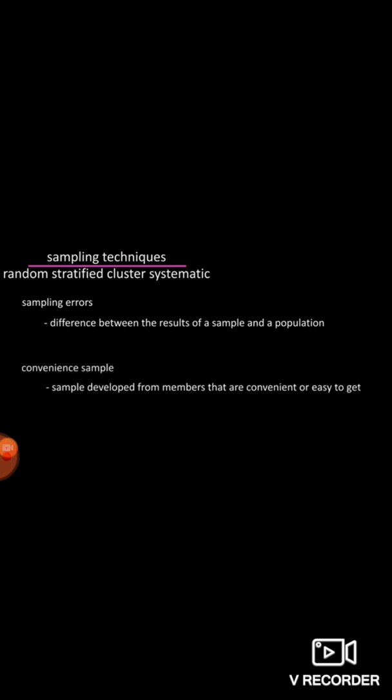For example, you can see the quota in that case, the middle, lower income groups and upper income groups. So a study is being conducted, and this is the way quotas are defined.